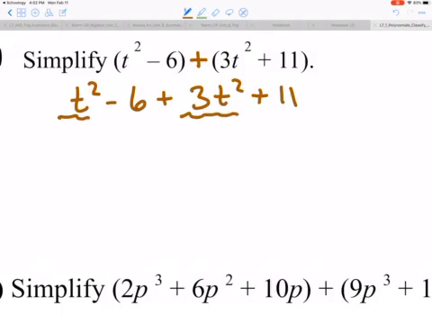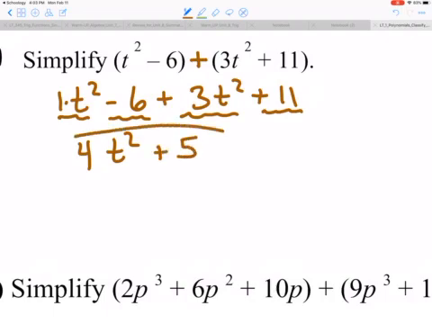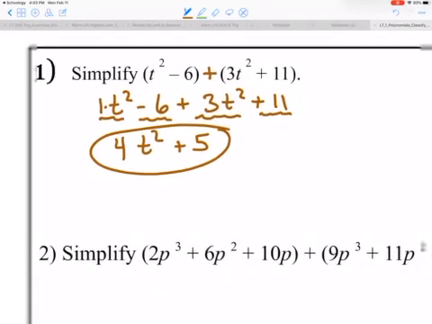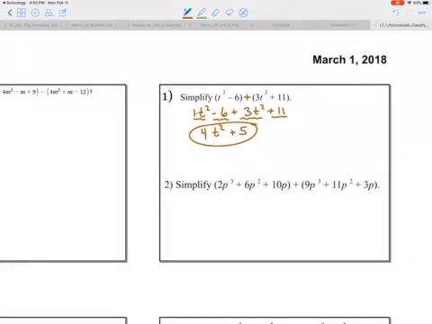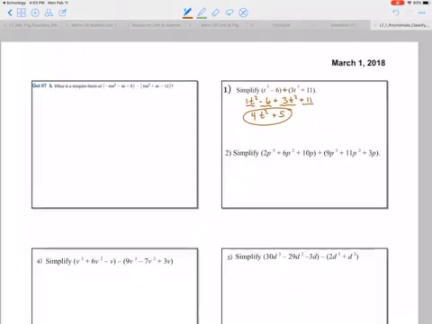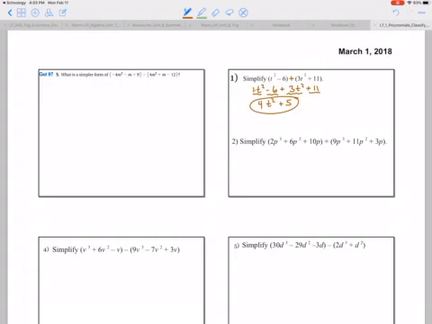T squared plus 3t squared, this has a coefficient of 1, so I have 3 plus 1 is 4t squared. Negative 6 plus 11 is going to give me 11 minus 6, which is 5. So you simplify by adding your like terms together. So when you're adding, there is nothing to distribute, like that one. When you're subtracting, you must distribute in order to simplify.